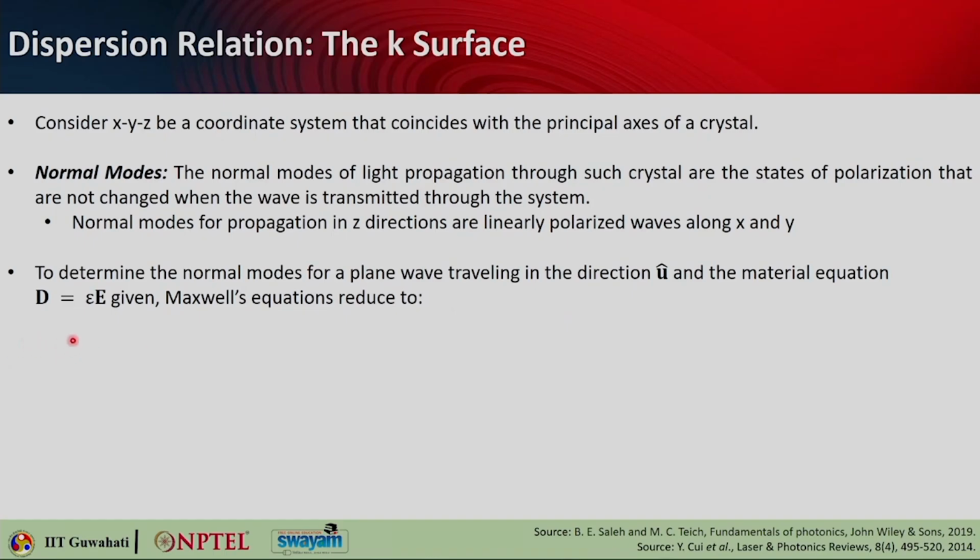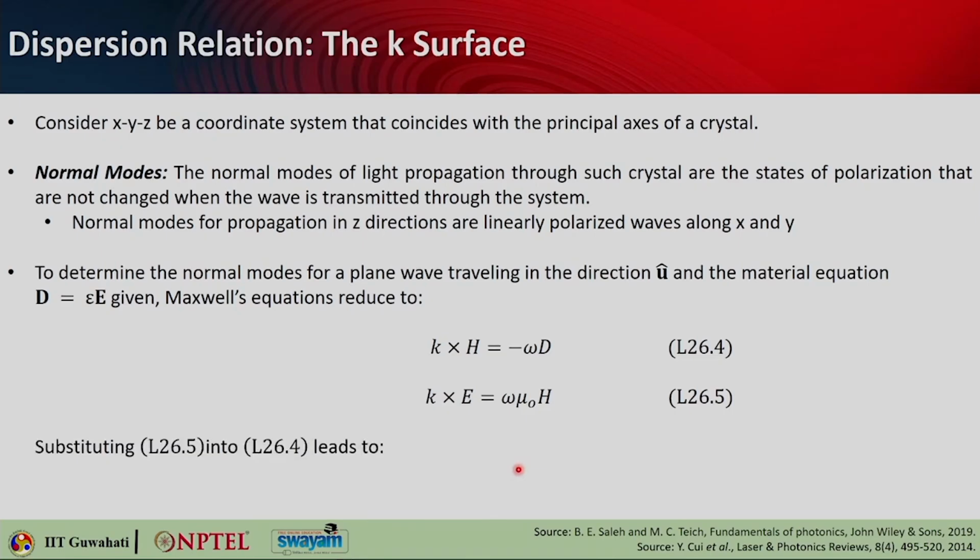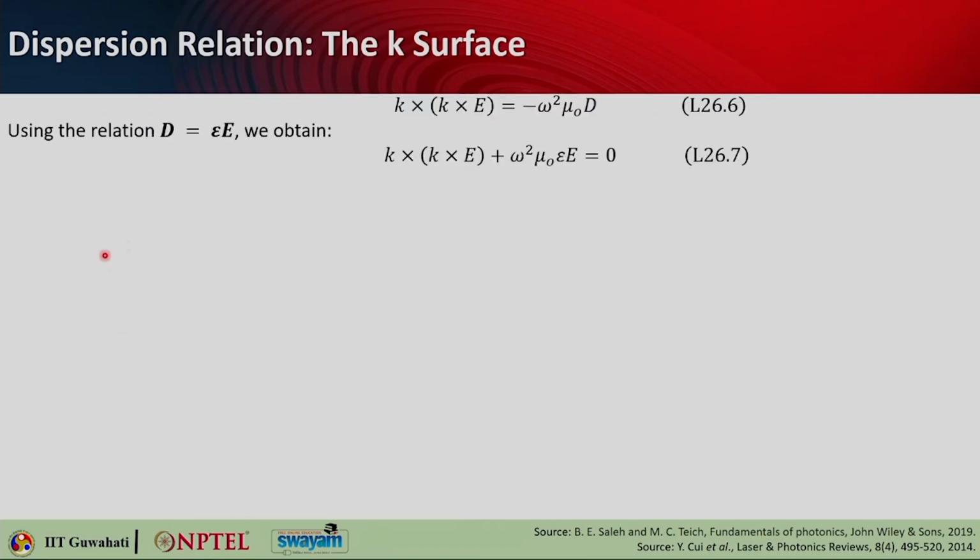the material equation D equals epsilon E allows you to write down the Maxwell's equation like this. Okay. So, we know this from the Maxwell's equation, and when you put this value of H into this equation, you can have everything in terms of E, and then D you can replace with epsilon E, and you finally come to this particular equation.